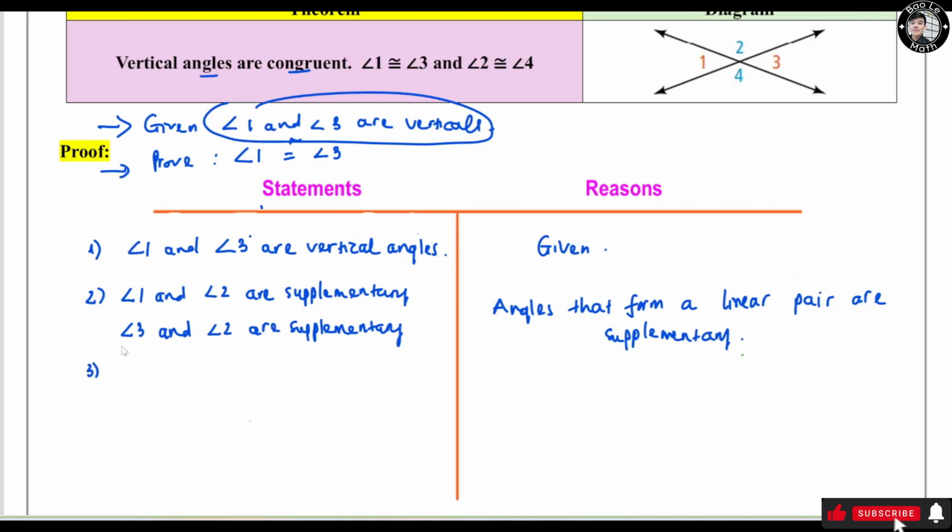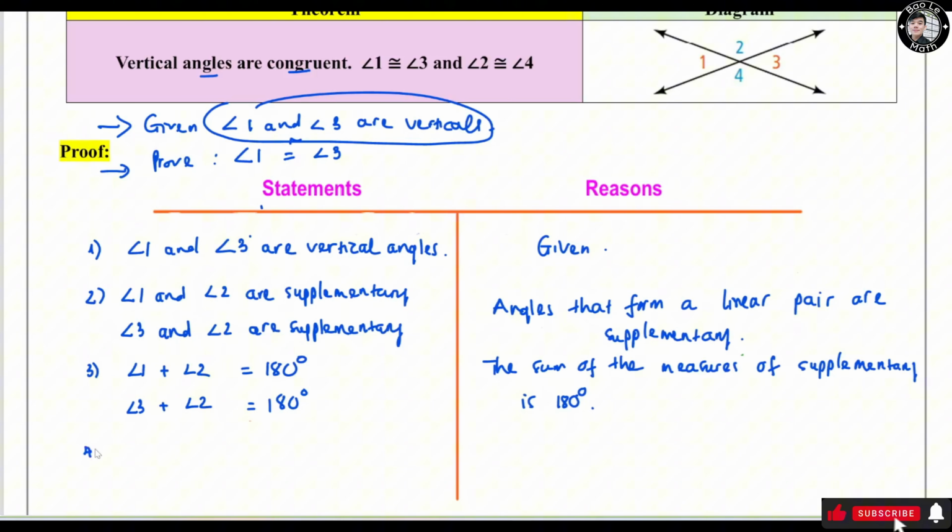Since angle 1 and angle 2 are supplementary, angle 1 plus angle 2 equals 180 degrees. Angle 3 and angle 2 are supplementary, so angle 3 plus angle 2 equals 180 degrees. How do we explain this one? We say the sum of the measures of supplementary angles is 180 degrees.